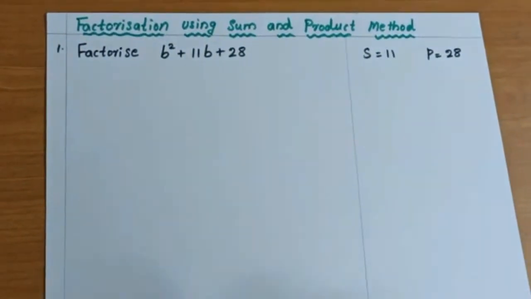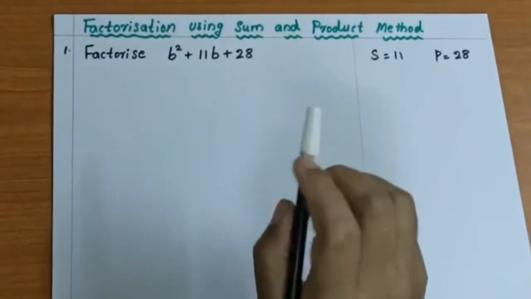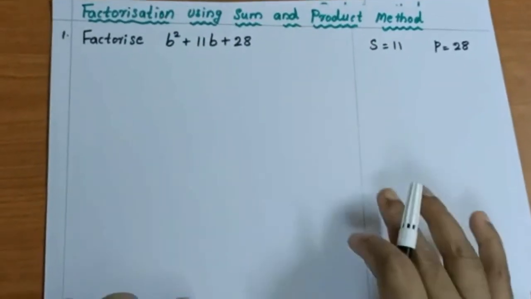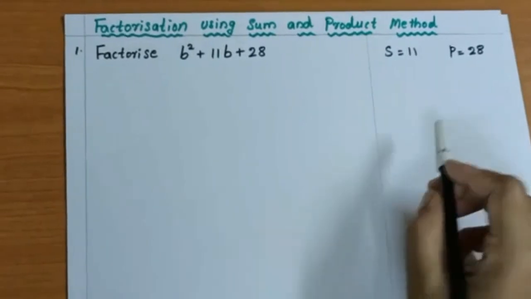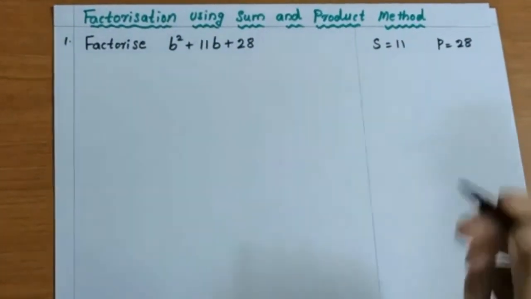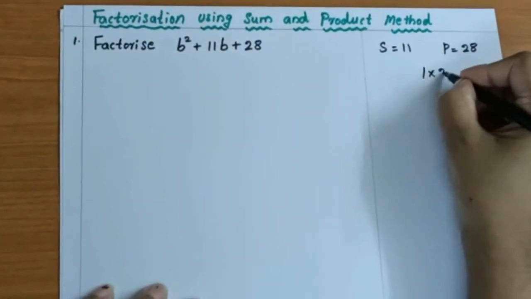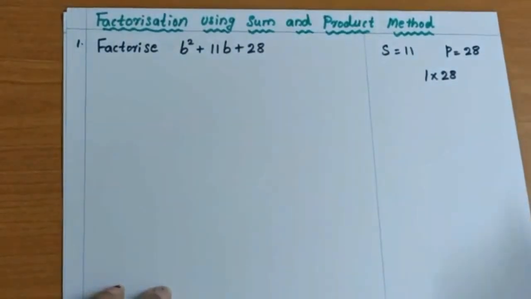Then we have to check which two numbers adding we will get 11 and the same numbers multiplying we will get 28. So we have to take the factors of 28, that are 1 times 28 will be 28.